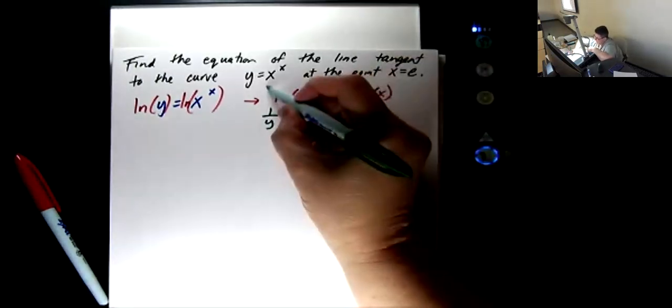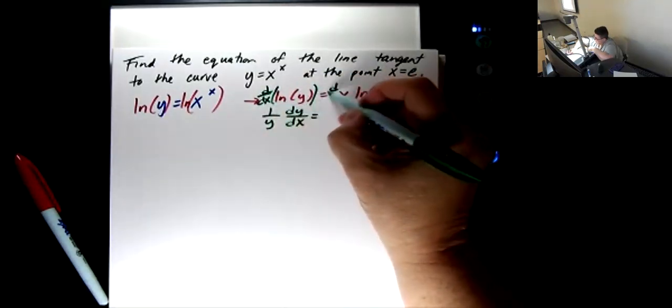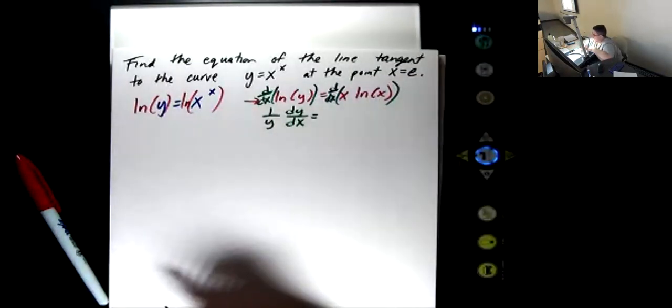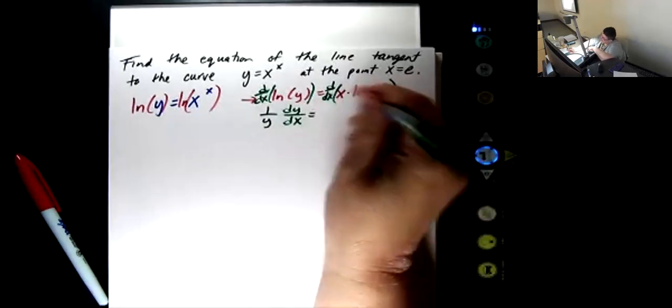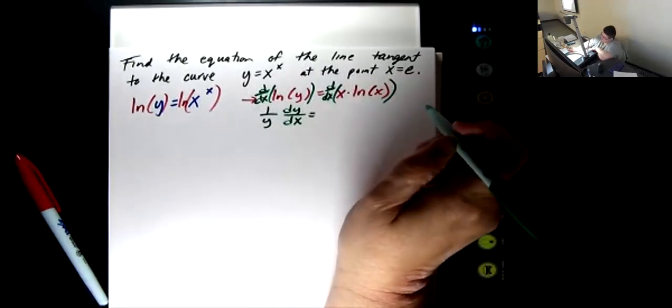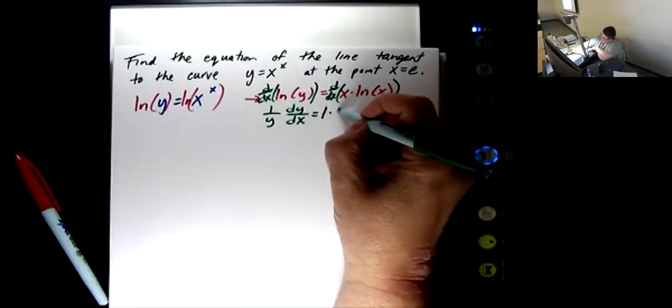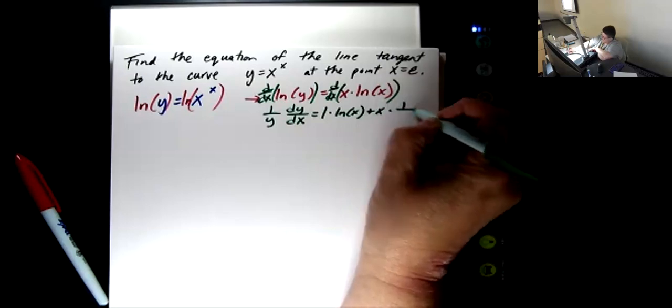So now we're doing d dx of both sides. The right side is a product rule: x times natural log of x. So I'll take the derivative of the first and leave the second one alone, and then I'll leave the first one alone and take the derivative of the second.